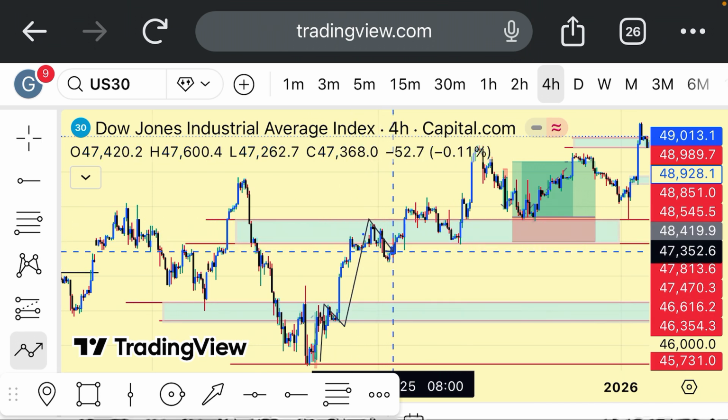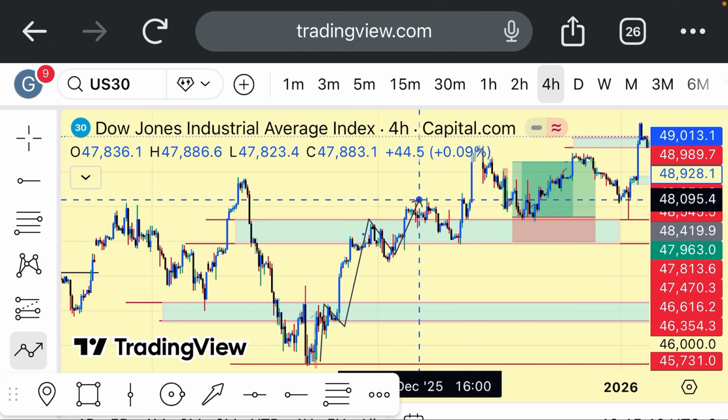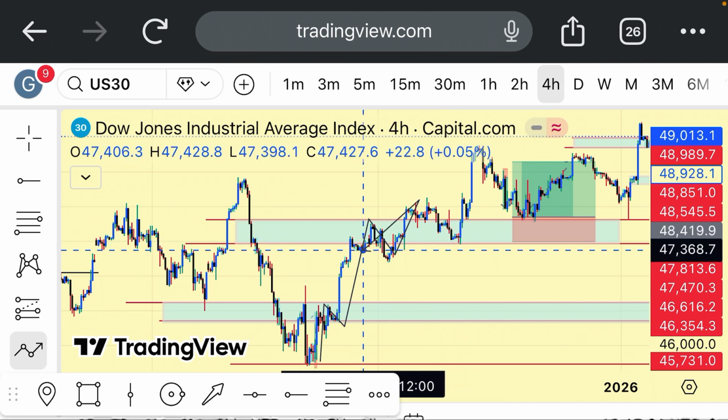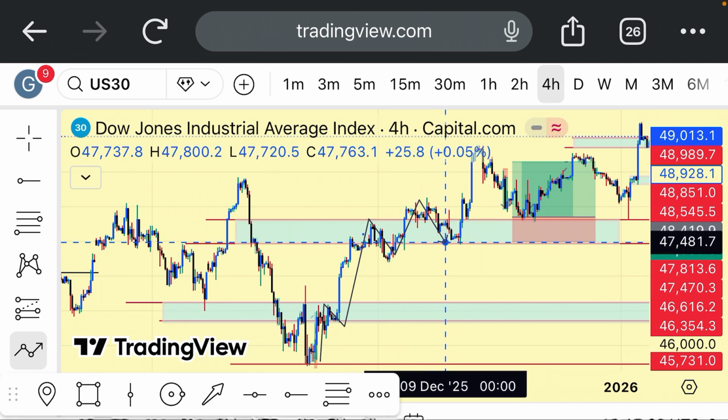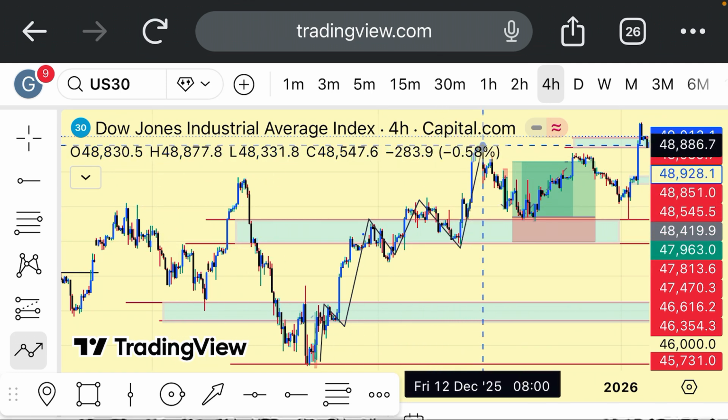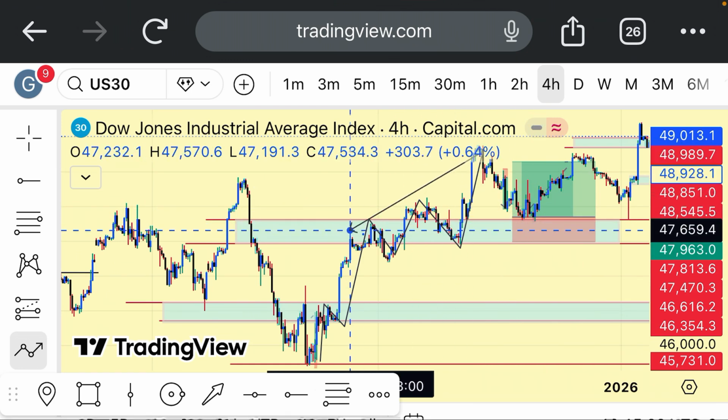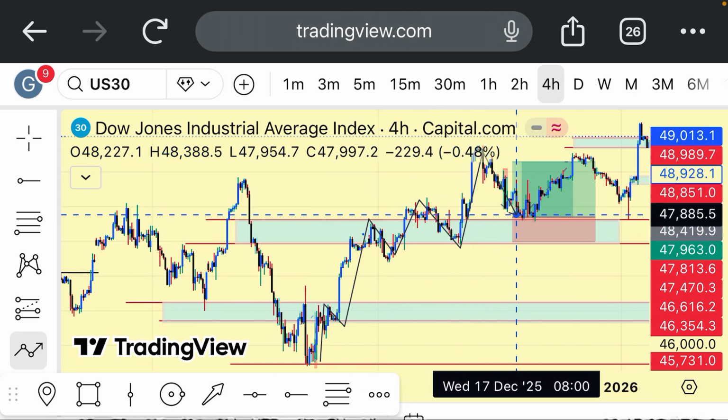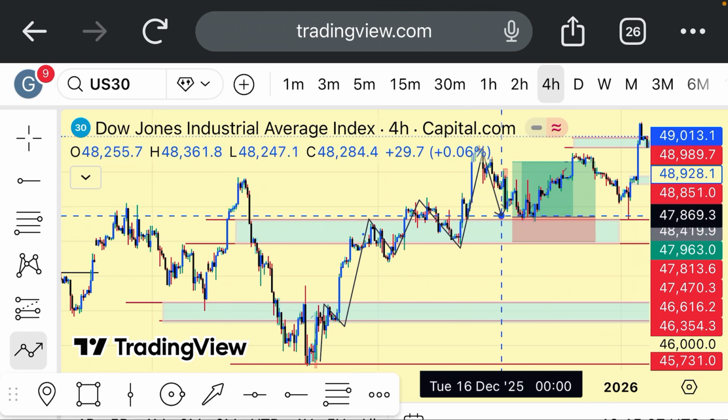It came here and created a little bit of support before it blasted to the upside. So based on our rules, we want to wait for the market to retest back to this support zone, okay, before we look for opportunity.